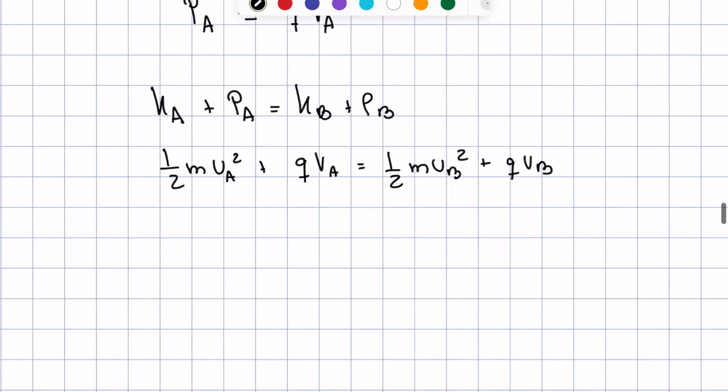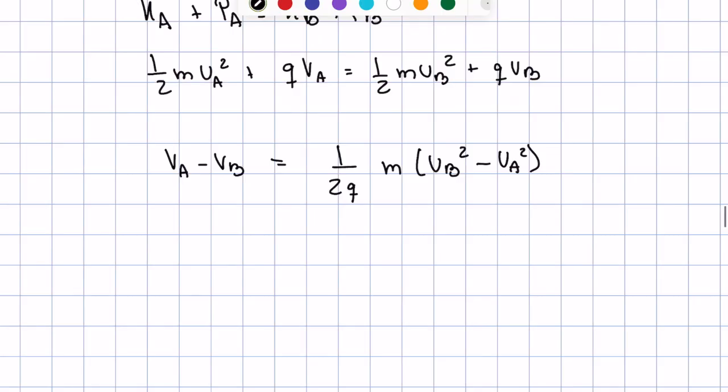We want to solve for VA minus VB, and that's going to be equal to 1 over 2Q times m times uB squared minus uA squared.